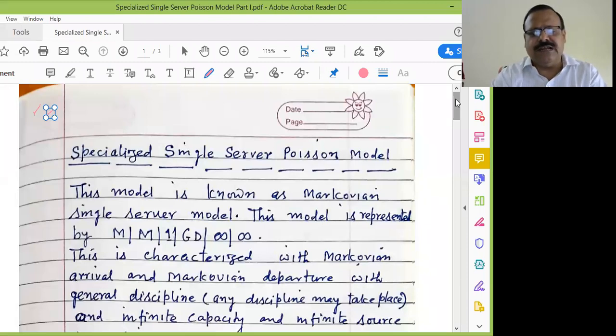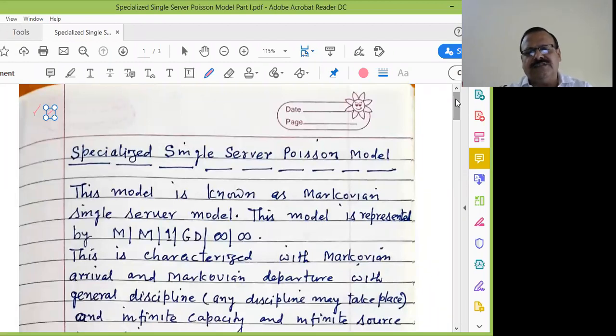There were six letters which characterize the arrival process, the service process, the number of servers, the discipline, the capacity of the system, and the capacity of the source population. From that point of view, we discussed the issues, and today we are going to discuss the Markovian single server model, that is the Poisson single server model.